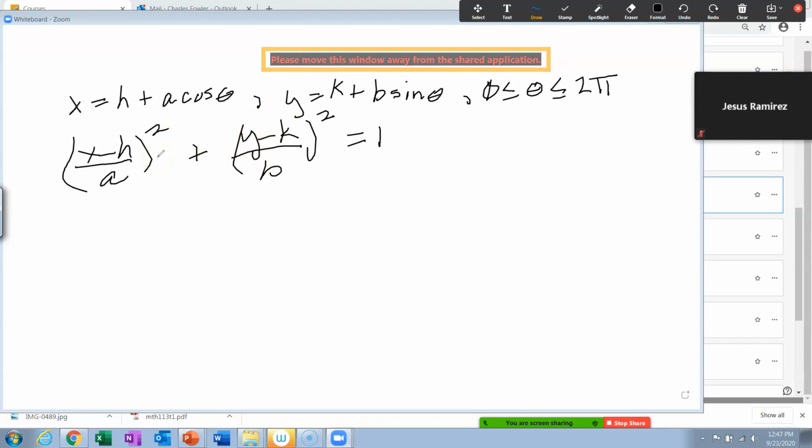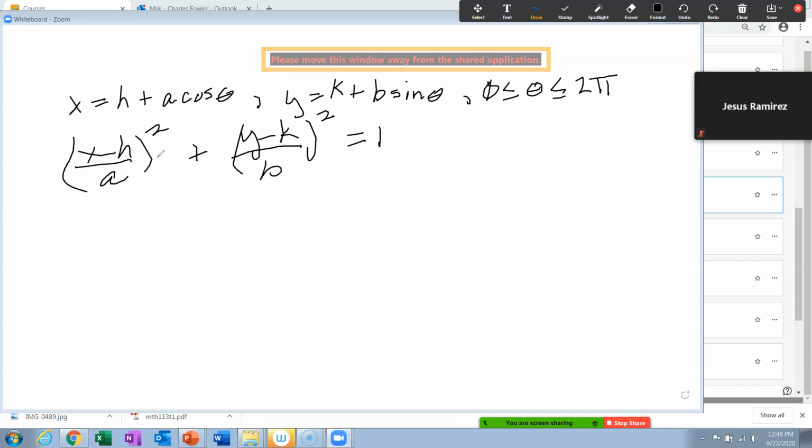But it's shifted to wherever (h, k) is. If h is positive and k is positive, it's shifted up in the first quadrant. If h was negative and k is positive, you're in the second quadrant. If h is negative and k is negative, you're down in the third quadrant. If h was positive and k negative, the center is down in the fourth quadrant. It could be the ellipse crosses over. Okay, now, but that's going counterclockwise.